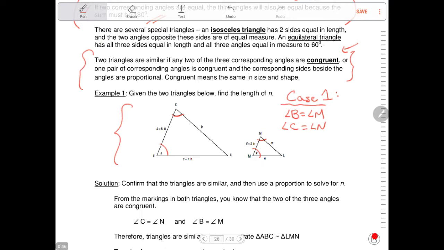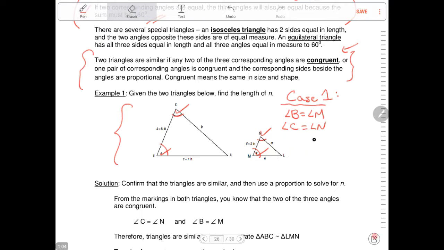This one matches this, and this one matches this. Therefore, we know that we have similar triangles. So if you can find that match, you know for sure that you have similar triangles.